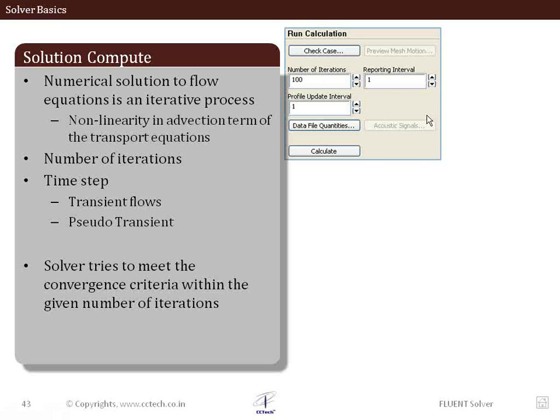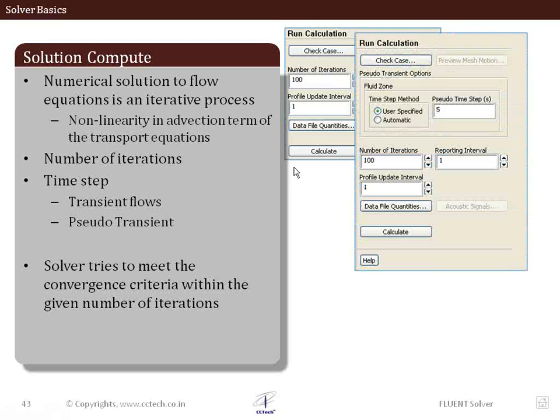In that case, I'm going in a time-marching format, so I can specify my own time scale, which can be user specified, or I can ask the solver, Fluent, to calculate this time step for me. I specify this time step and start marching through the iteration steps. The number of iterations is defined here, the same as the previous one, but I'm marching in time here.